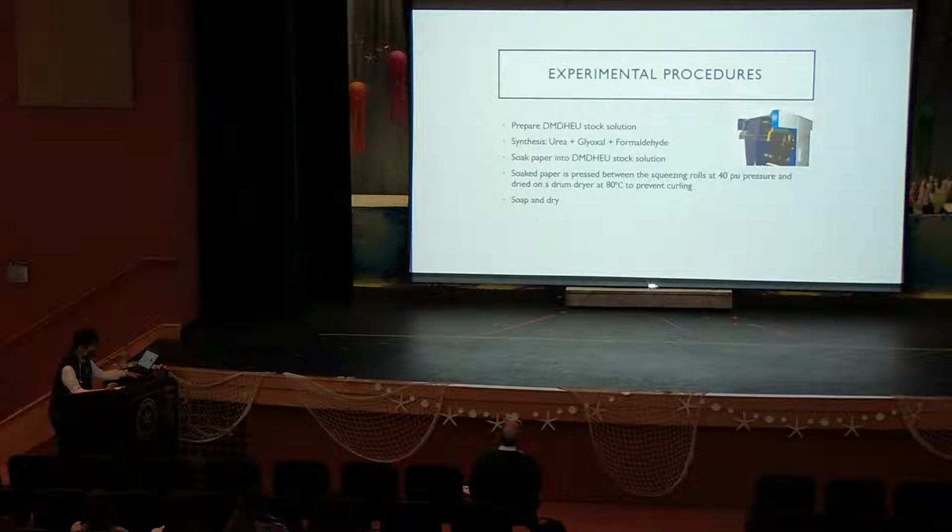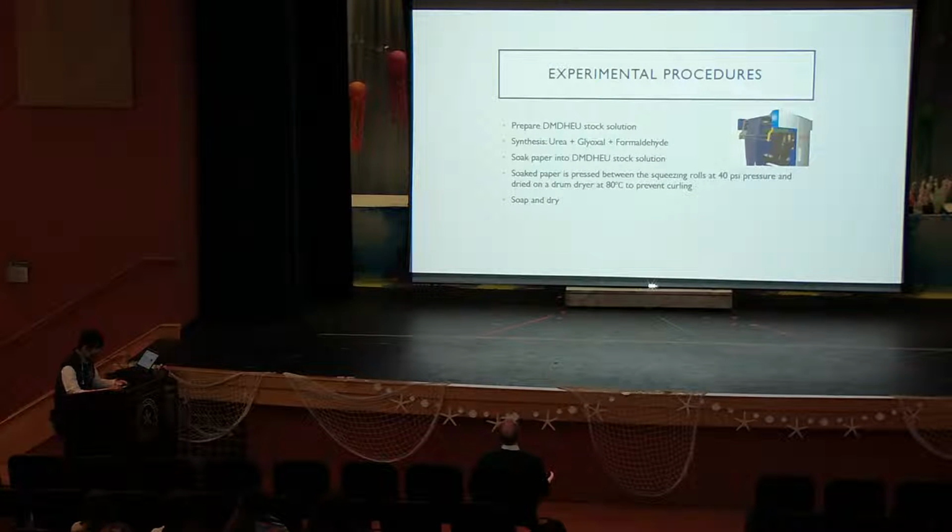But first, you have to synthesize the cross-linker on your own, because the major chemical companies either don't sell to individual customers, or they sell to you at a really ridiculous price. I think it's $300 for 10 grams of this DMDHEU. So yeah, I found it.